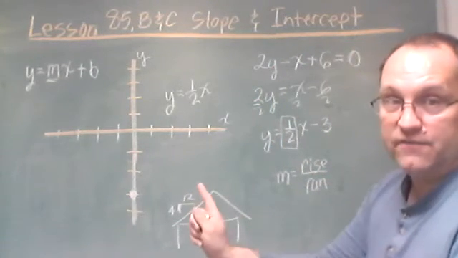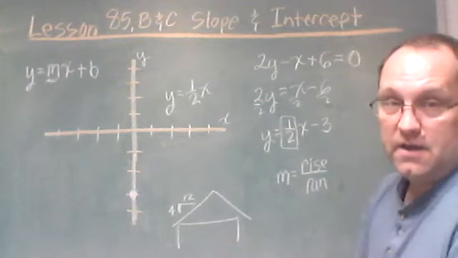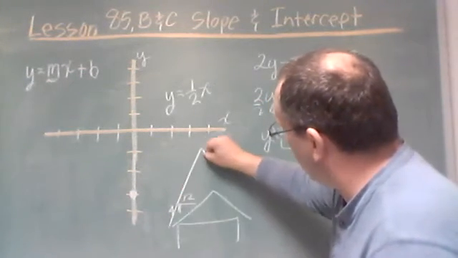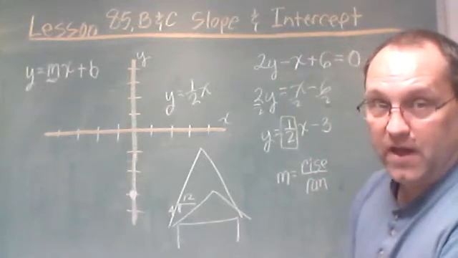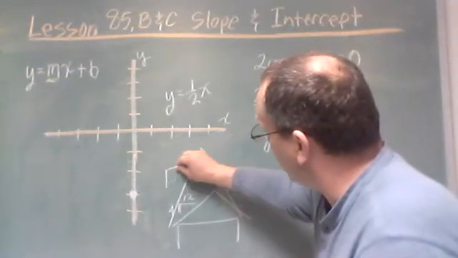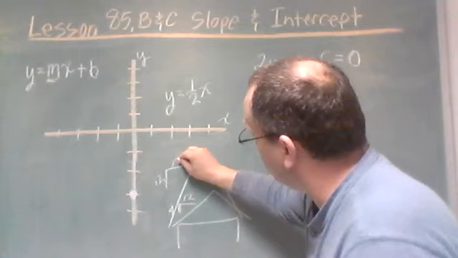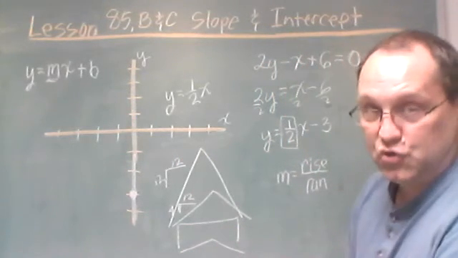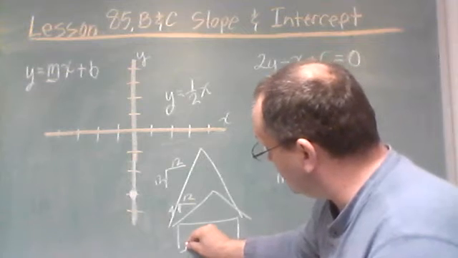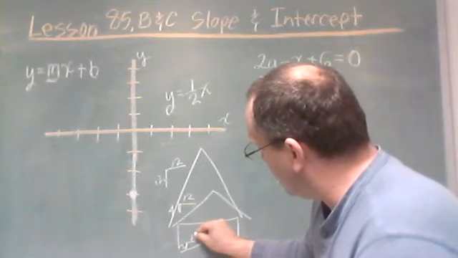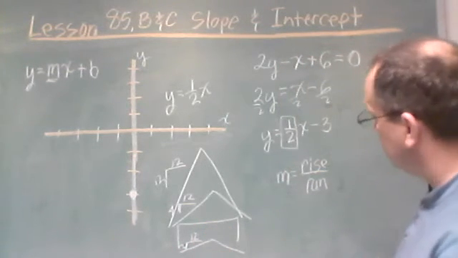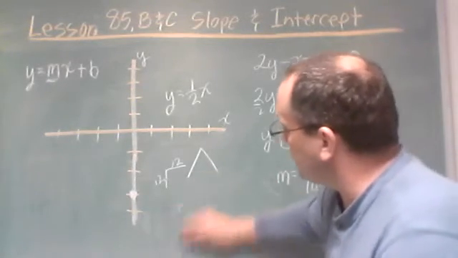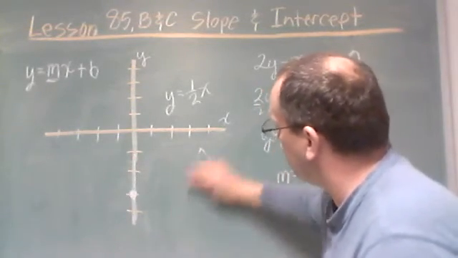If that roof is steeper, say a 12 and 12, it rises 12 units and runs for 12. If the roof is shallower, say a 2 and 12, it rises only 2 units per a run of 12. That's just a visual, a tool to help you understand what's going on with rise and run.